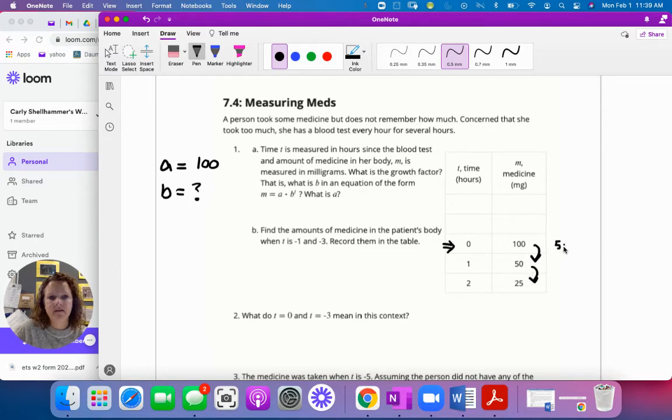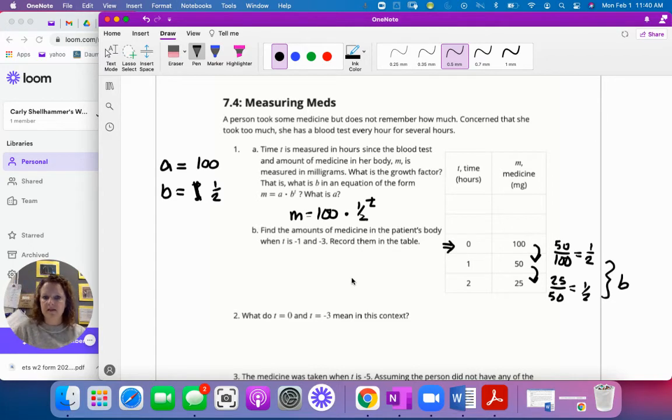If I did 50 over 100, that's 1/2. If I did 25 over 50, that's 1/2. So that equals B. So M equals 100 times 1/2 to the T.